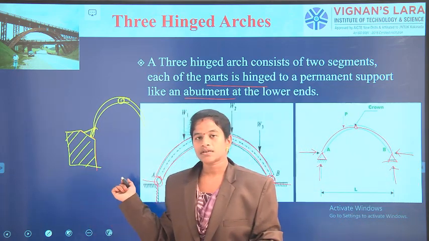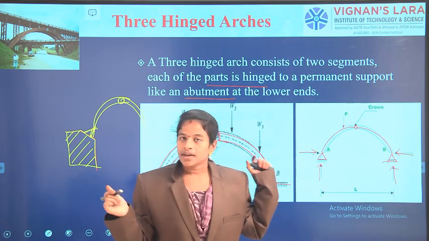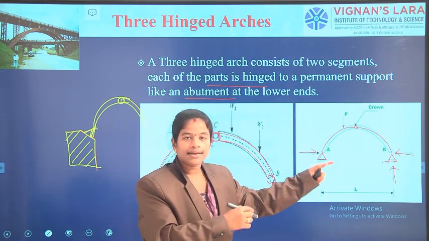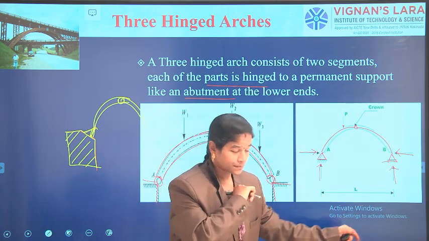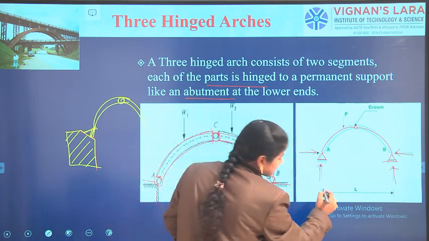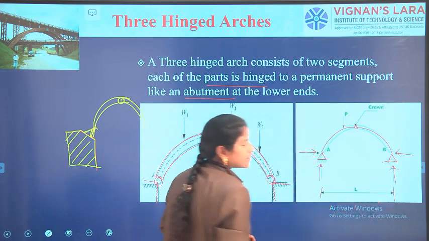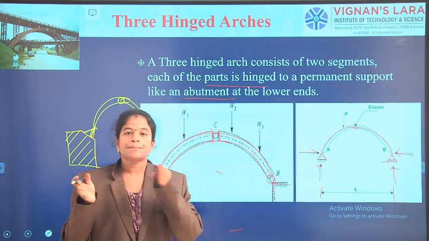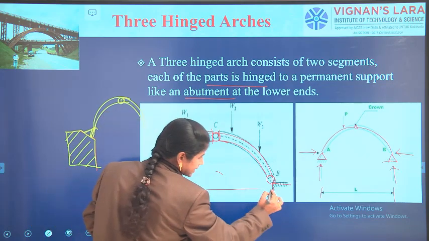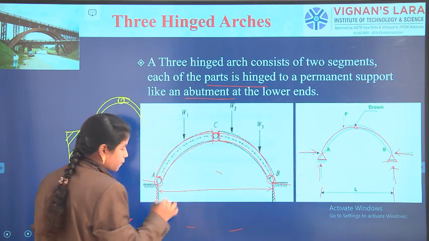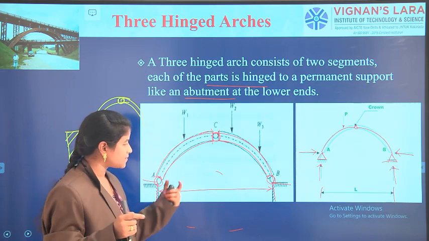Here you can observe the practical structure. Now we are writing the line diagram which is indicating the reaction forces. And this is the span, the distance between support to support, or after constructing you can calculate this measurement between the supports, or span of that arch. Right?